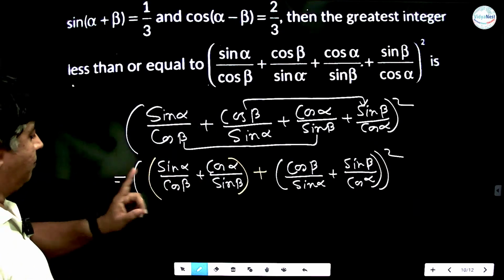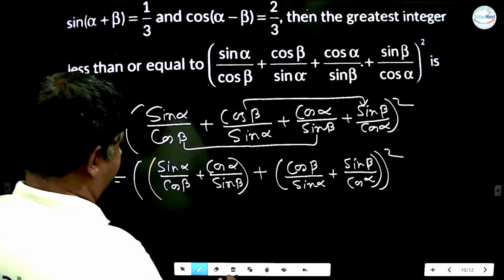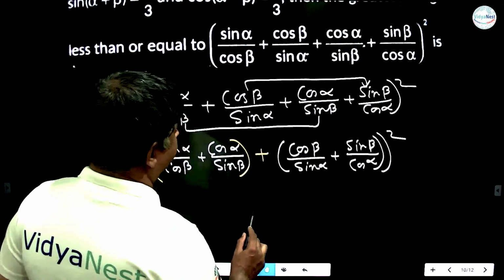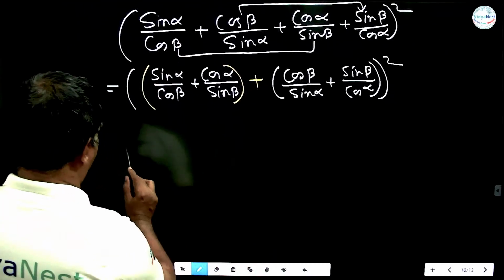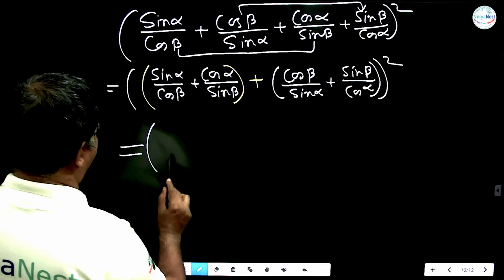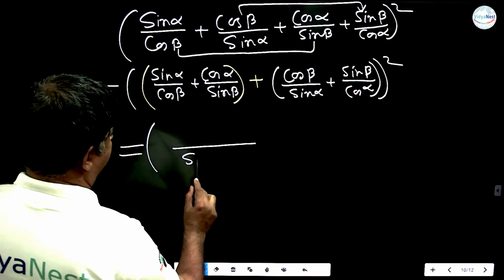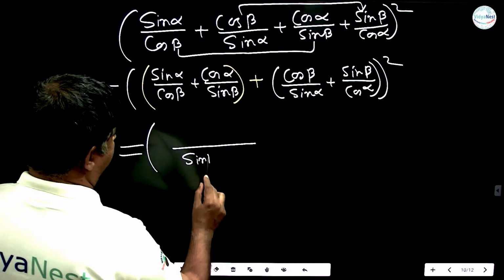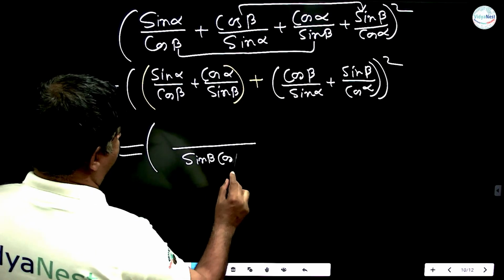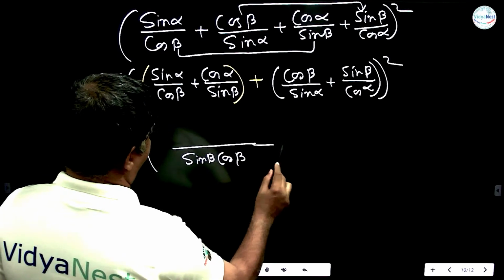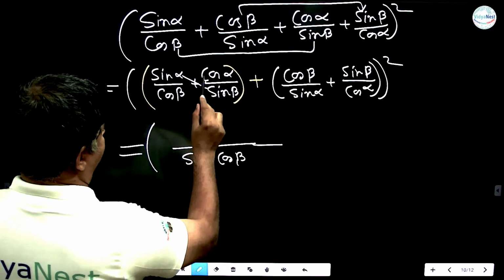So we have nothing but to take the LCM and see the outcome. Sin beta, cos beta. See this part and this part.